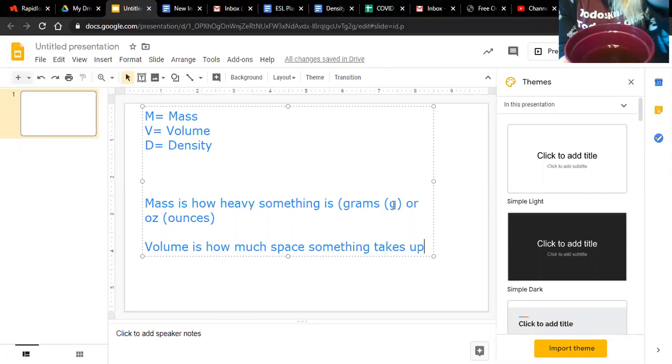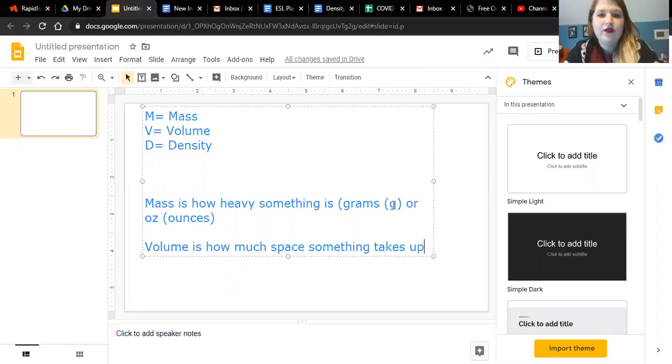It's pretty high up in the container, but if I drink some, it's now much lower in the container. So the volume just went down or decreased because it's not taking up as much space. So volume is how much space something takes up.